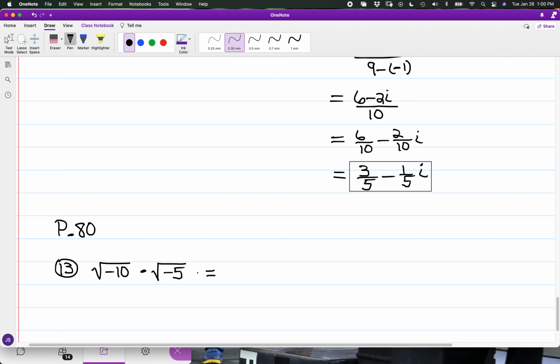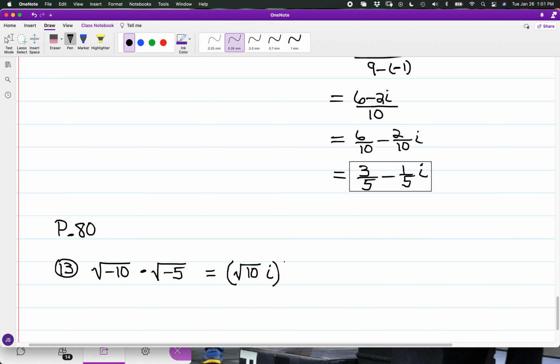Now, I can understand the temptation to take the square root of negative 10 times negative 5, but do not multiply the numbers yet. You want to go ahead and express in terms of i. Now, we have the square root of negative 10, so this would be the square root of 10 times i.